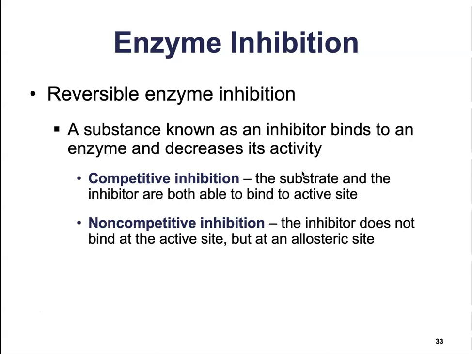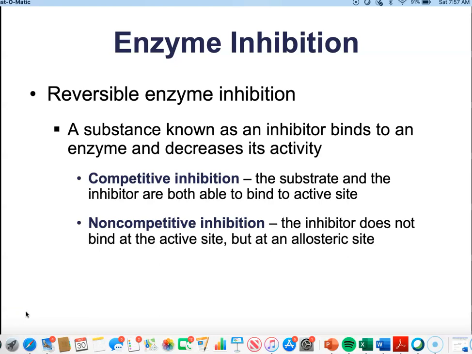Here now we're talking about ways that the cell can inhibit the enzyme, okay? Because if there's enough of a certain product, the cell doesn't want to make any more of it, so it needs to be able to inhibit. There are two different types of inhibition: competitive inhibition and non-competitive inhibition.